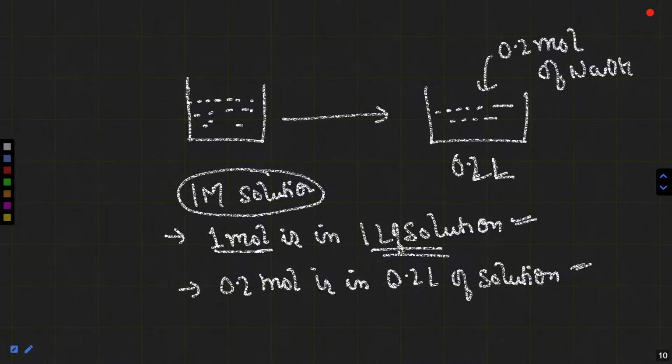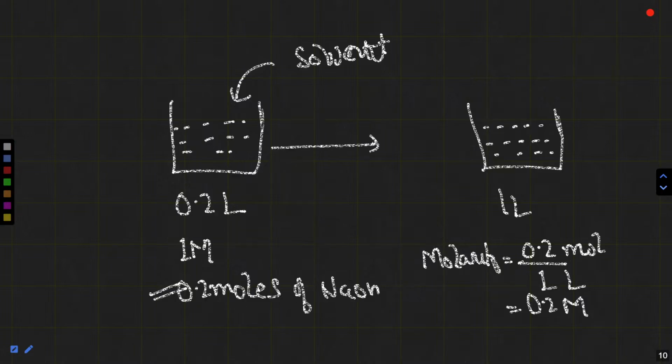Now next, what we do? We take 0.2 liters of the same solution and keep it in a different bucket. Now if 1 mole is present in 1 liter, therefore 0.2 moles will be present in 0.2 liter. So we have this solution where we have 0.2 liters volume, 1 molar as the concentration, and 0.2 moles of NaOH.